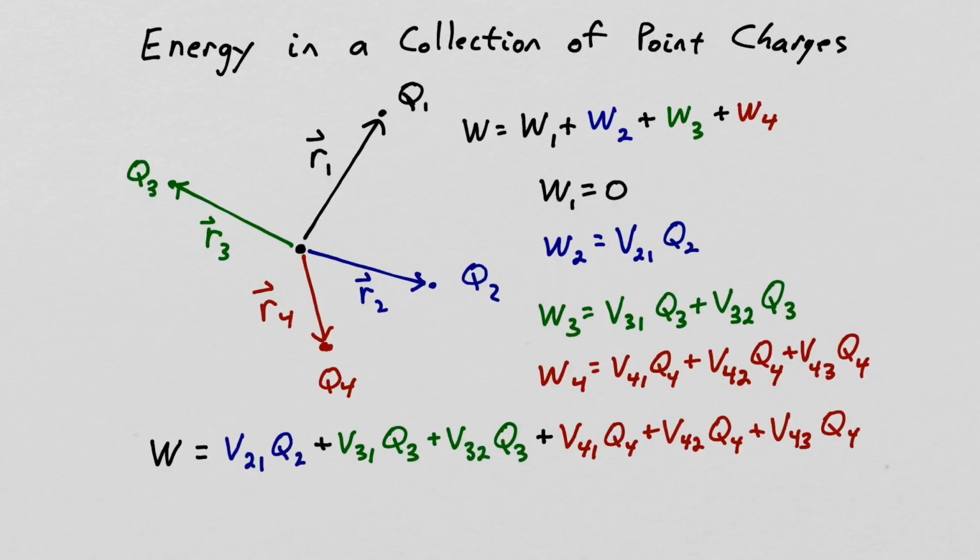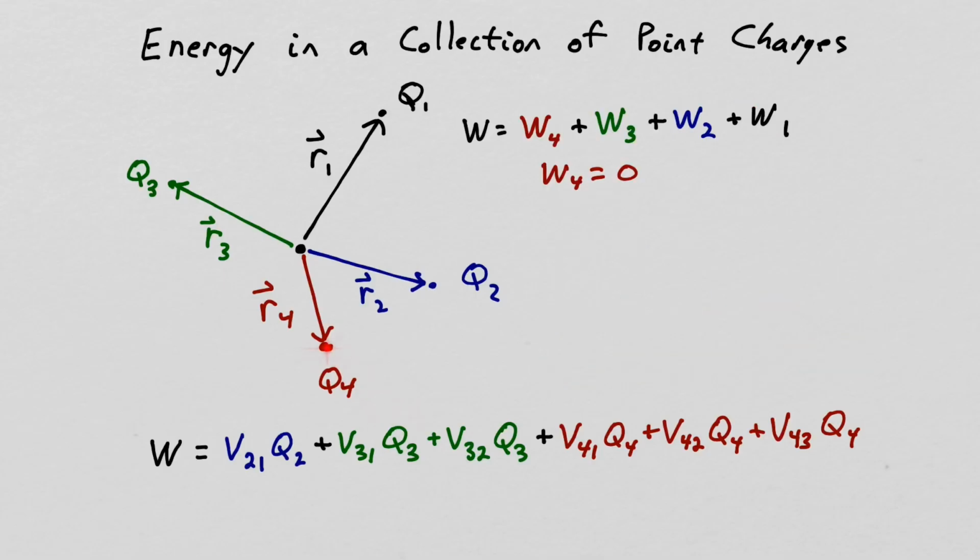When we bring in Q4 first, there's no electric field intensity, so it takes no work to bring in Q sub 4. When we bring in Q3, Q4 is present, so there will be some work. V sub 3(4) is the amount of work to move 1 coulomb of charge from infinity to the location of Q sub 3 if Q sub 4 were present.